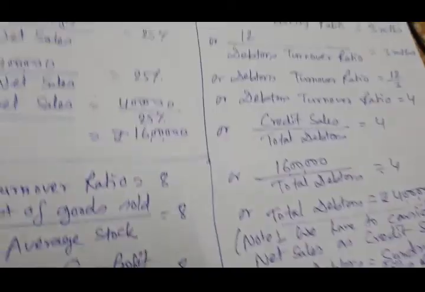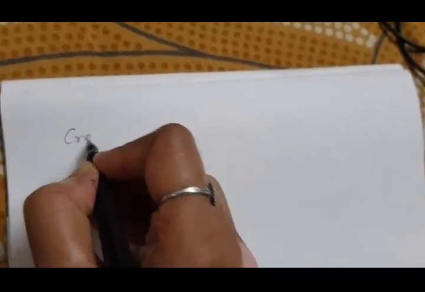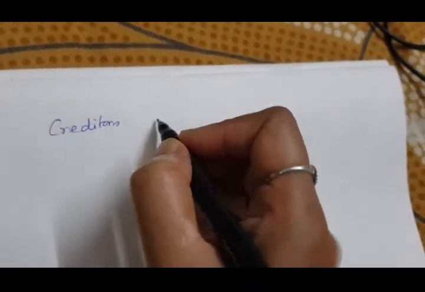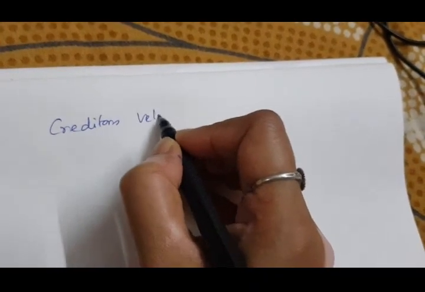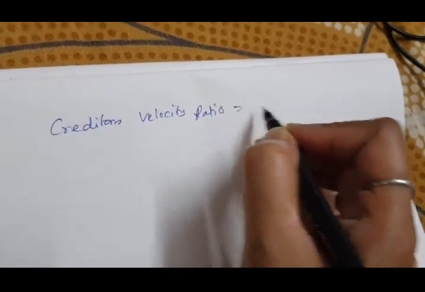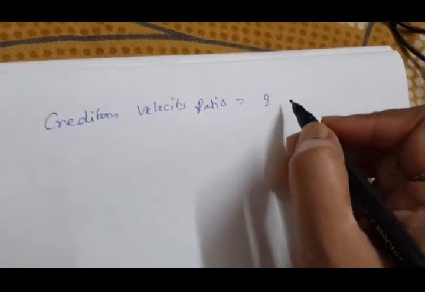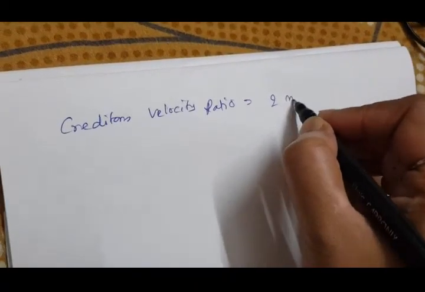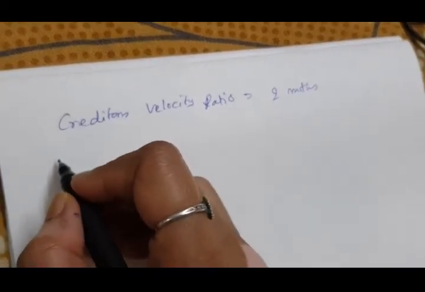Now next, let us do another ratio, that is creditors velocity ratio. Velocity ratio is given in months, so it is given as 2 months, okay.